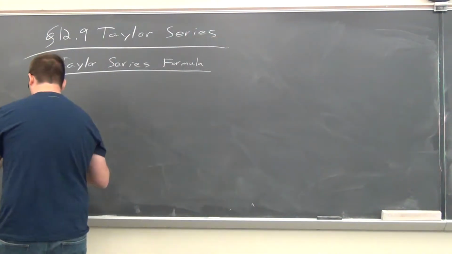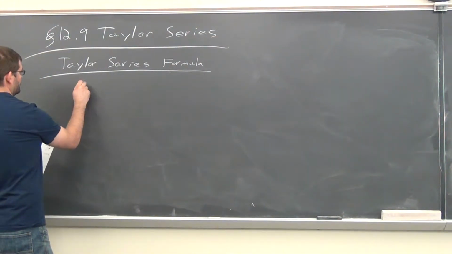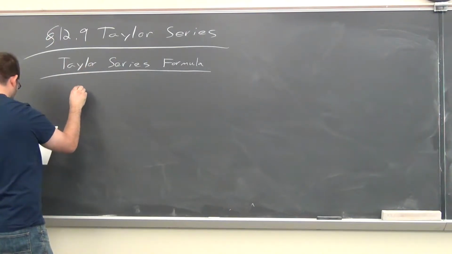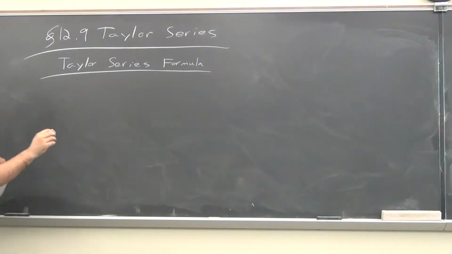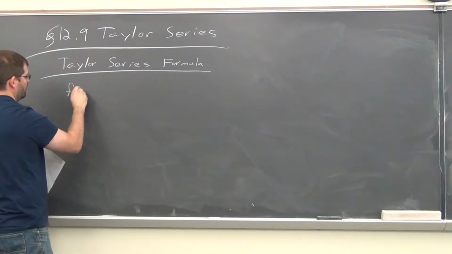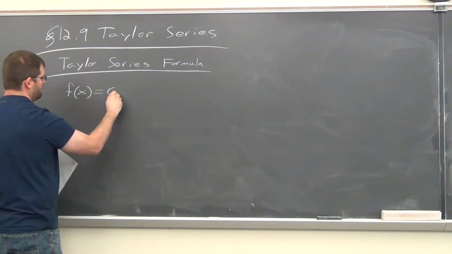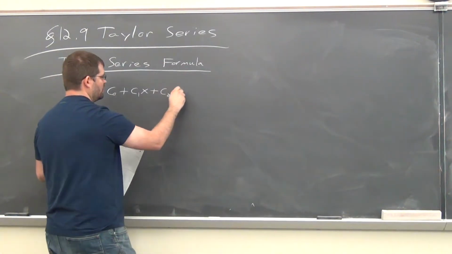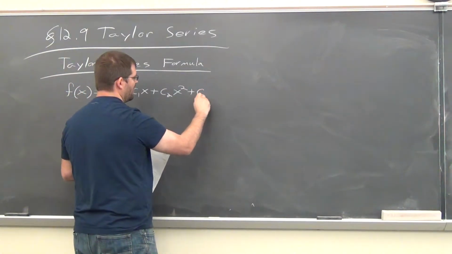And this is really the Maclaurin series. I'm going to just say Taylor series and then tweak it as we need to. We won't work all the details out, but in general, this is what power series look like if they're centered around 0.